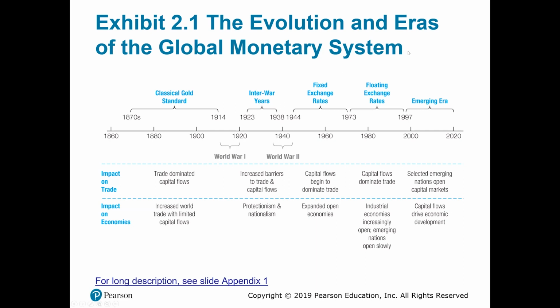This Bretton Woods conference is also important for another reason. At the same time, the countries adopted a fixed exchange rate, and they created two important organizations. First of all, they created a common fund.